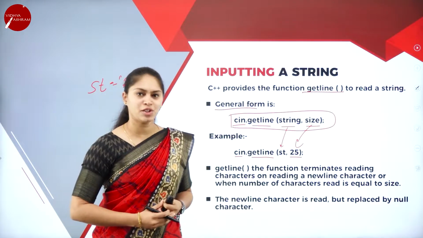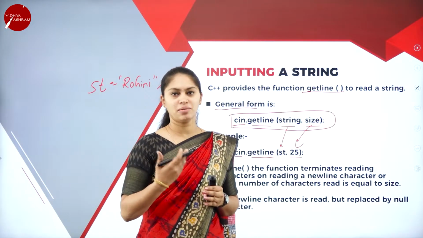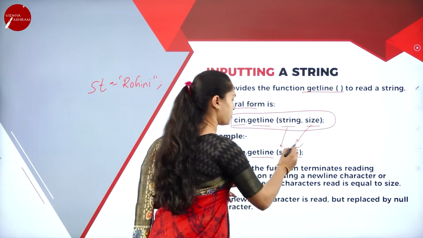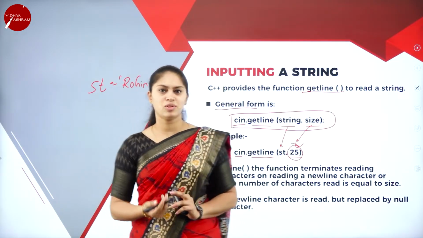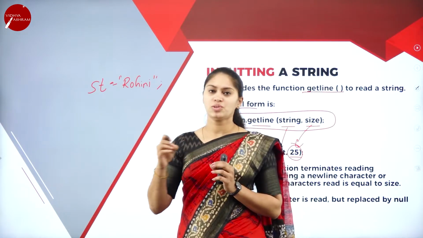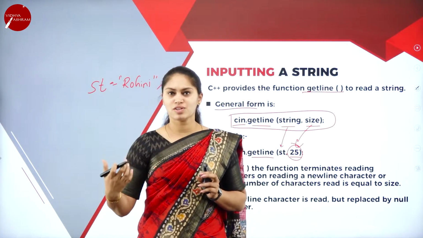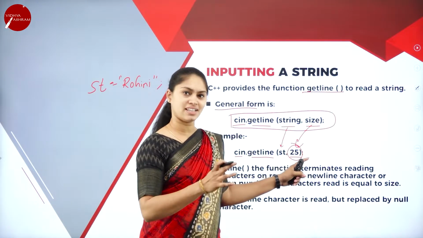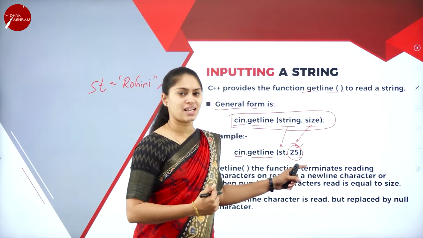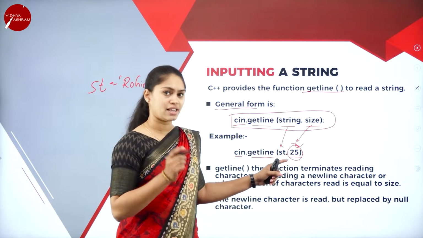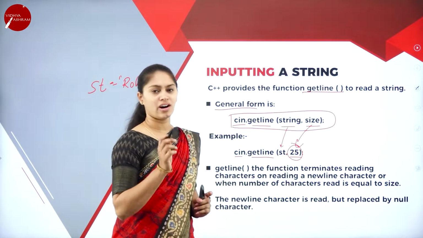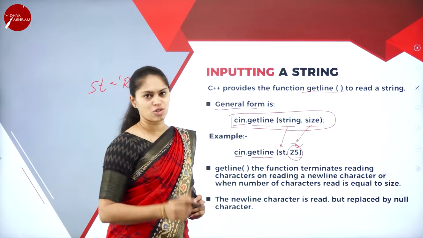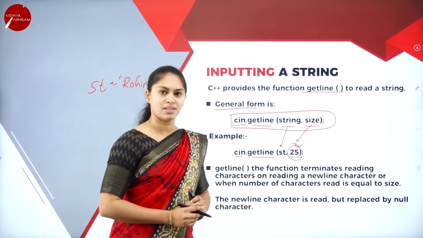When do we know where to stop the input? When the number of characters reaches the maximum size. When I give some input like st is equal to a sequence of characters and it reaches the maximum size of the declaration, it stops taking the input. Or else, when it encounters the null character or the new line character, it stops taking the input for this particular string.